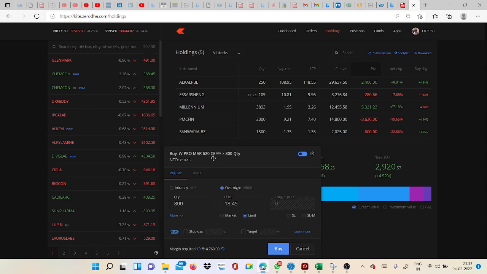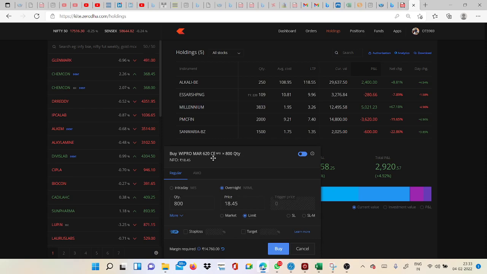At the time of settlement, suppose you have entered into a call option, meaning you want to purchase those 800 quantities. Then you will have to pay the additional margin required to get these 800 quantities.